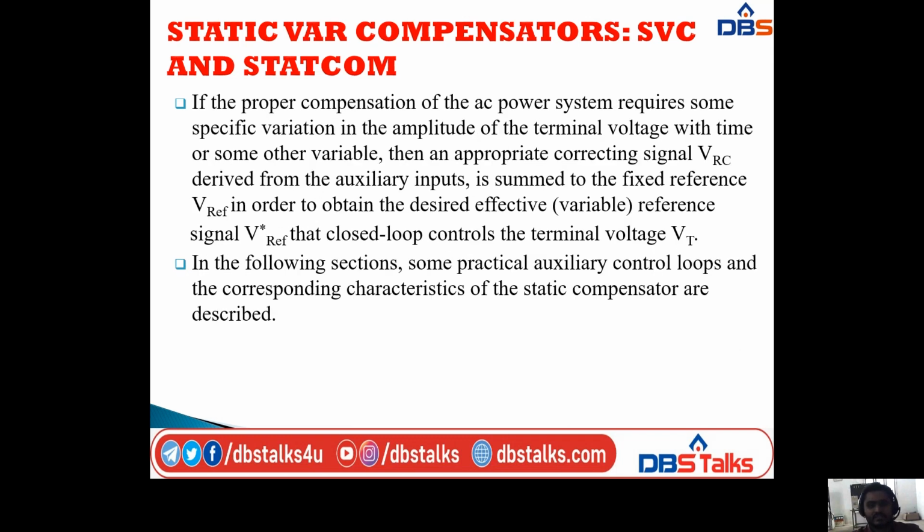If the proper compensation of the AC power system requires some specific variation in the amplitude of the terminal voltage with time or some other variable, then an appropriate correcting signal VRC is derived from the auxiliary inputs.